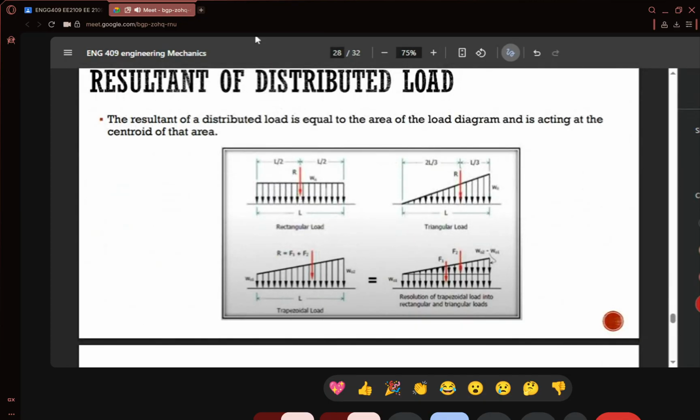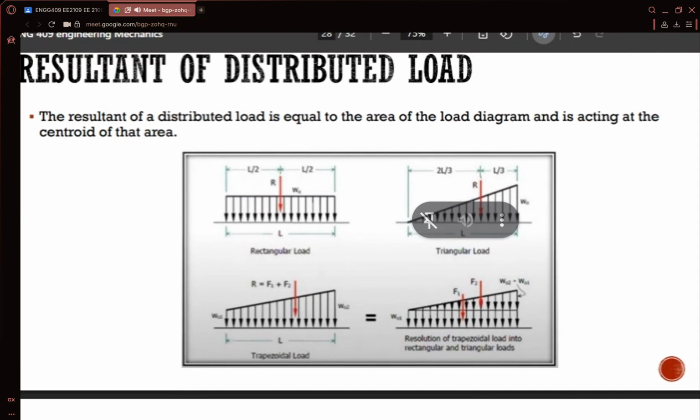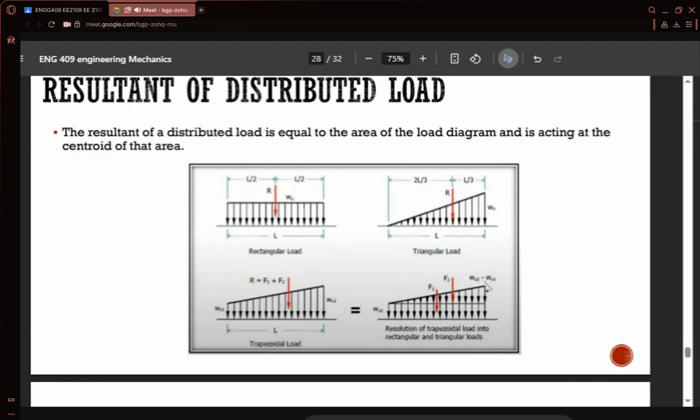So before we do some more computations, let's look at this first. Resultant of distributed load. Distributed loads are also parallel forces. So when we say distributed load, an example or a possible illustration is that, for example, on this beam, you have a rectangular load like this.